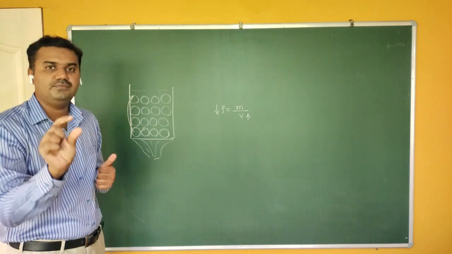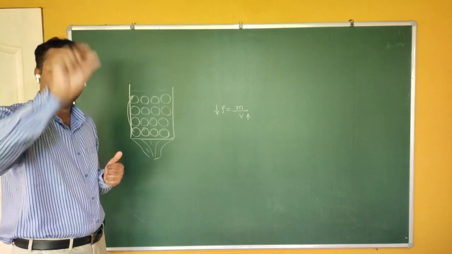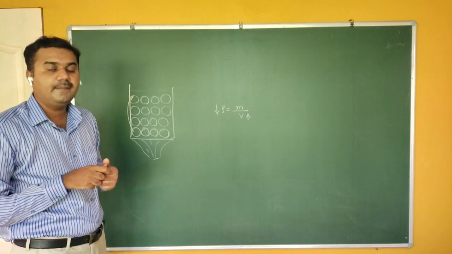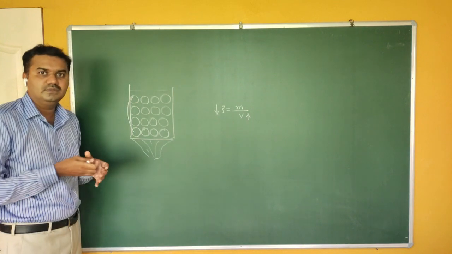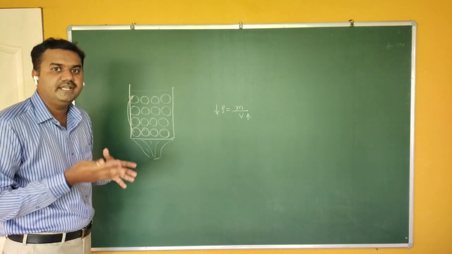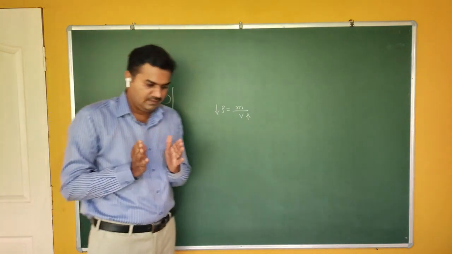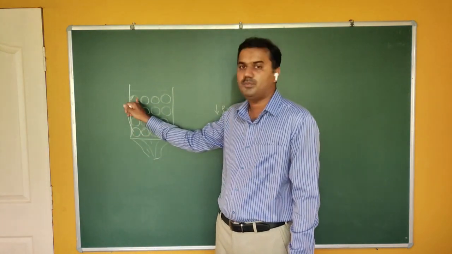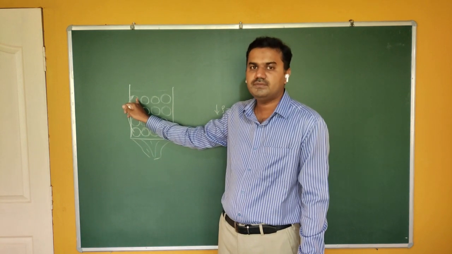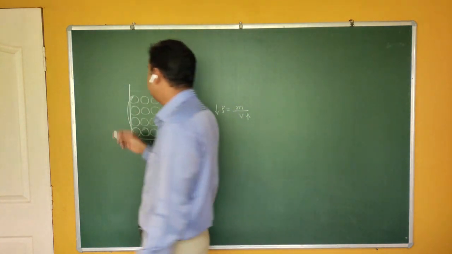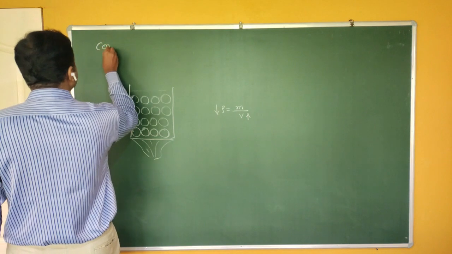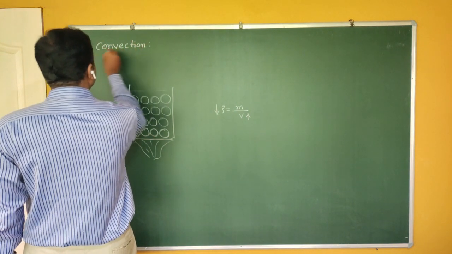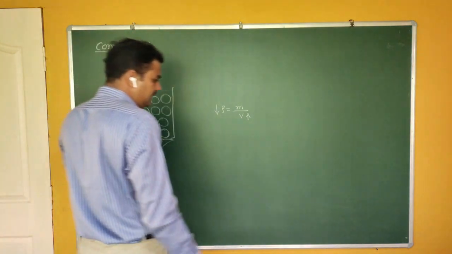So circulation of molecules takes place, and each time they carry some heat energy. Therefore heat energy is transferred from one point to another with the movement of the particles. This phenomenon is called convection, as I already explained in the last class.